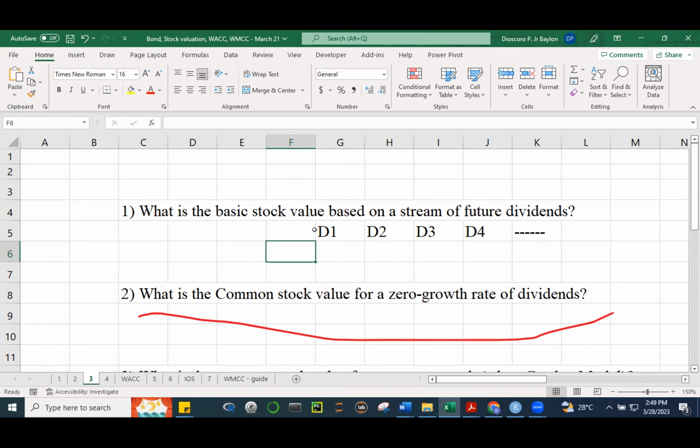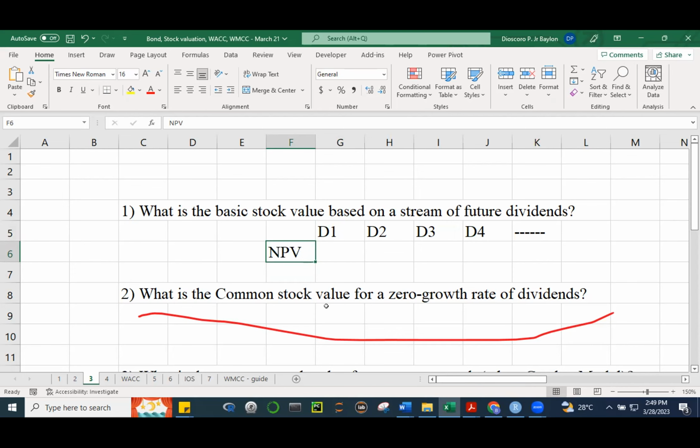So if you have the estimated stream of dividends for the next years, you can just get the present value of this. In fact, you can just use the NPV function, because the NPV function allows you to get the present values of future cash flows. So that's very simple.